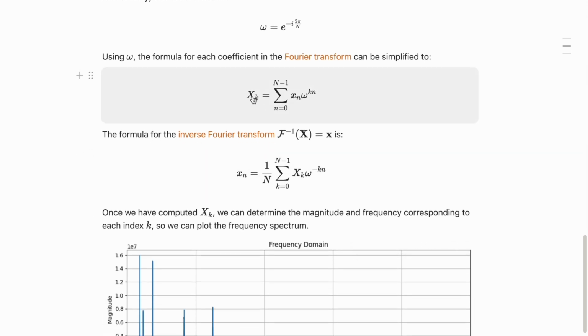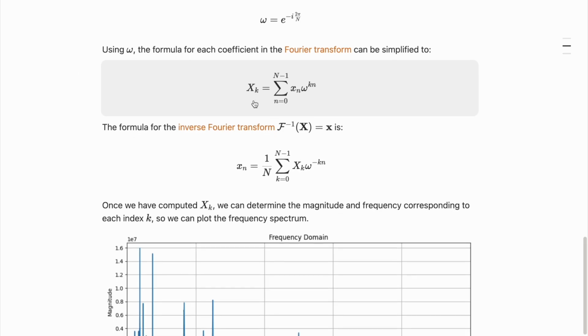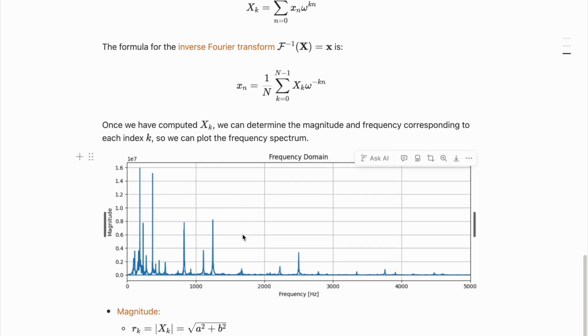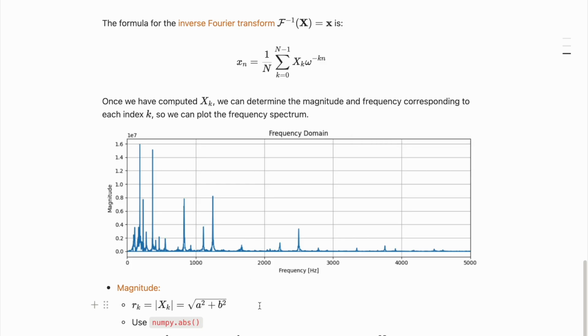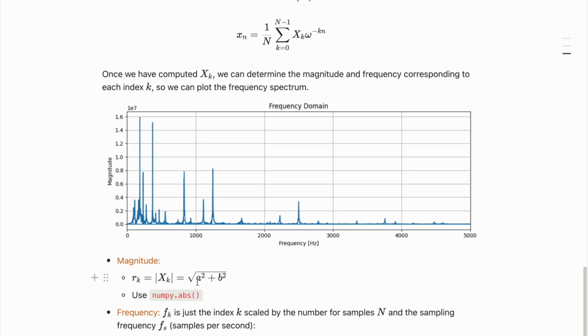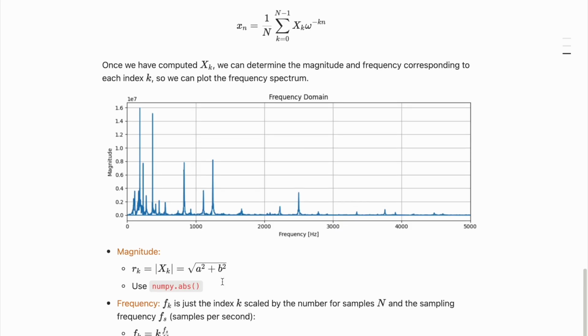So once we have computed all of the Fourier coefficients X sub k, we can use each of these complex numbers to extract the magnitude and frequency at a particular index k. And that's really simple. We already talked about the magnitude of a complex number just being its absolute value, which is also equal to the square root of a squared plus b squared, the real and imaginary parts of the complex number.